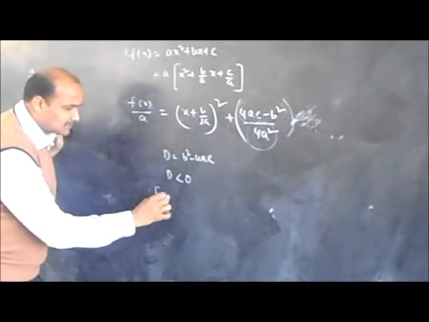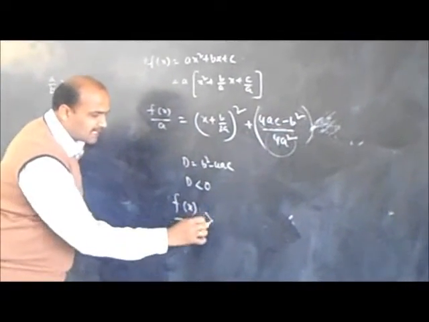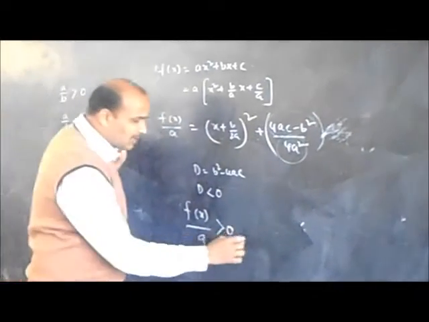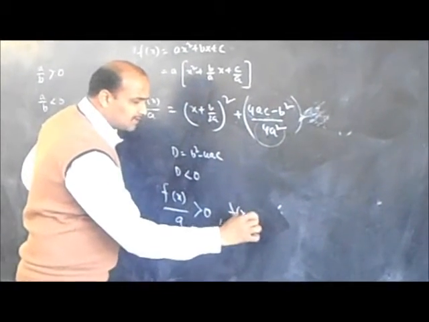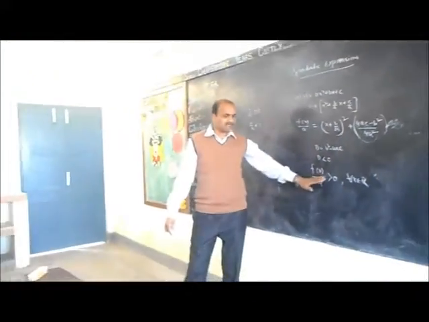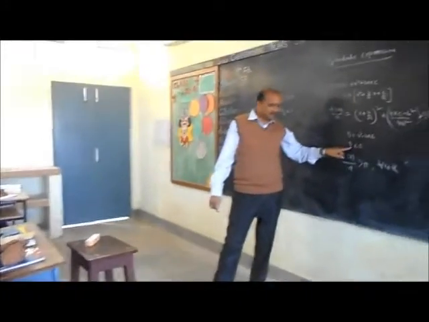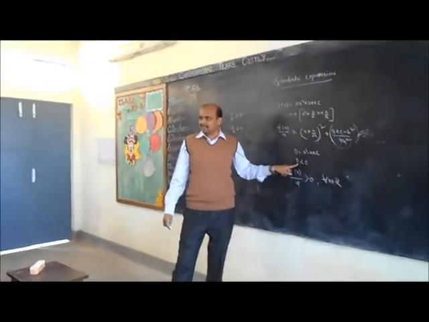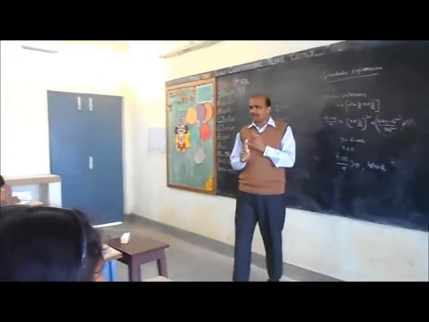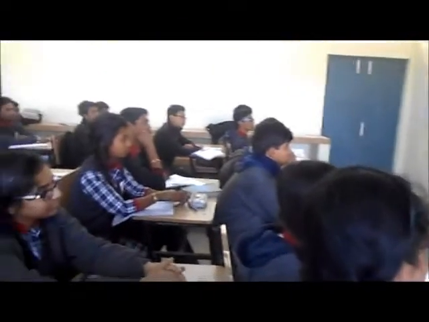F of x by a is greater than 0 for all x belonging to R, for all real numbers x, provided that d is less than 0. This is the case when discriminant is less than 0.